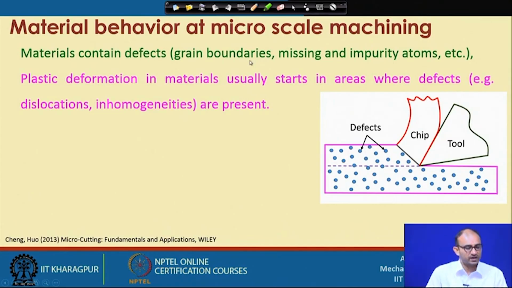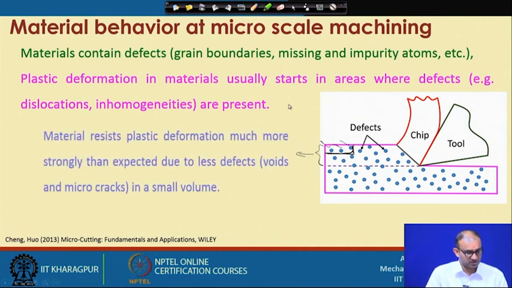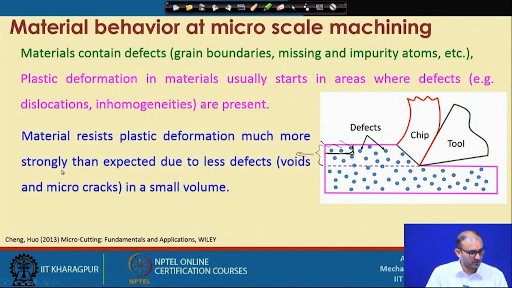But we know that we are removing material at micro scale, so our uncut chip thickness will be very small, and the number of defects will be very few, and that creates a problem in the machining. So, you need a very high amount of force, and we have seen the material resists plastic deformation much more strongly than expected due to fewer defects.